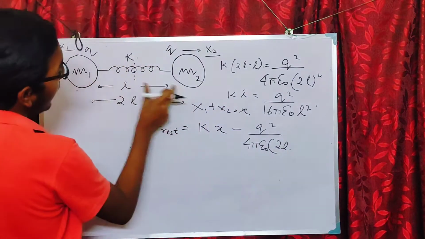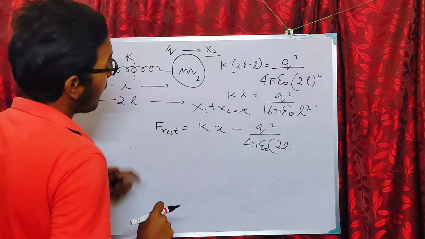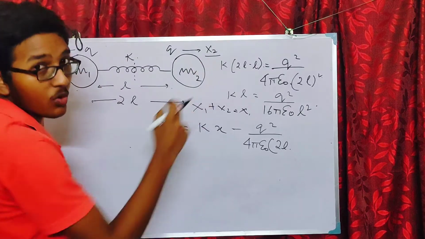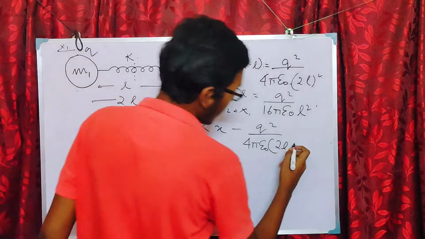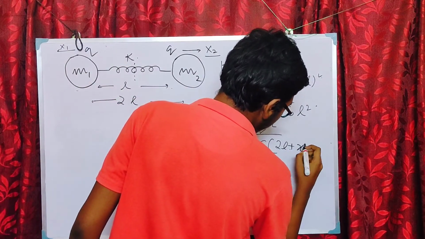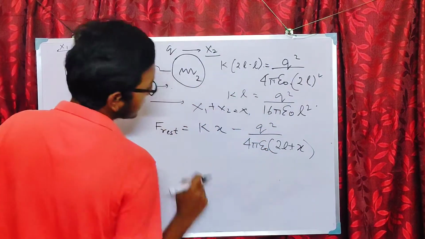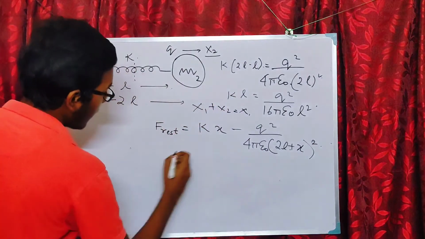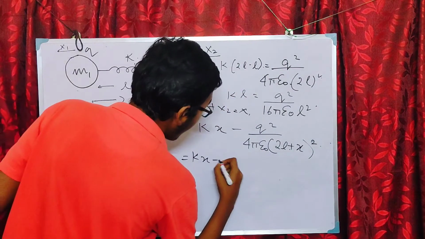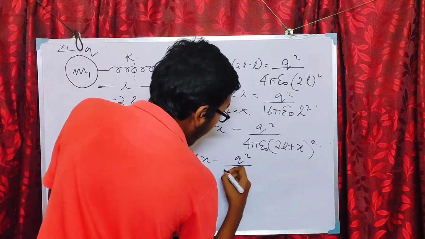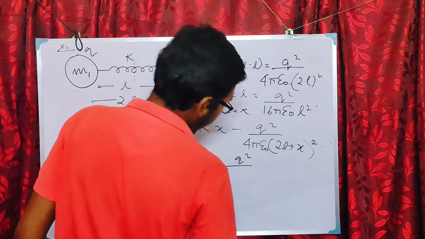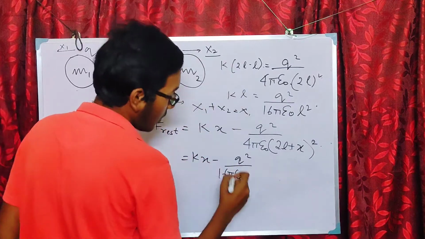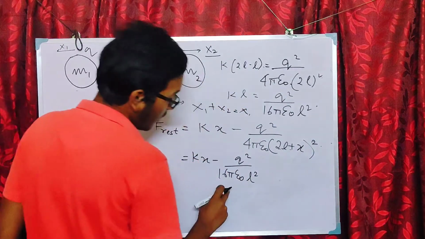Plus x1 plus x2, that is, 2L plus x1 plus x2, which is x, whole square. So we take out 2L whole square from this term, so we would get 16 epsilon naught pi L square.